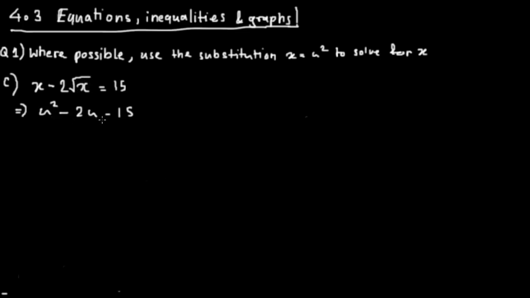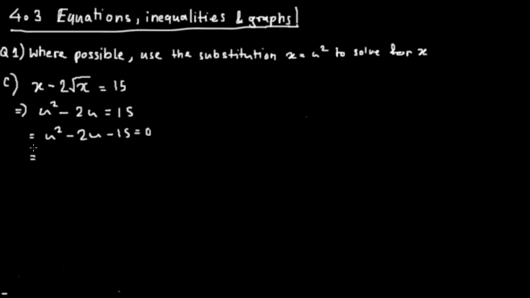So it's just u squared minus 2u minus 15 equals 15, right? So you can just write down again, u squared minus 2u minus 15 equals 0, because you want to make this a quadratic, right?